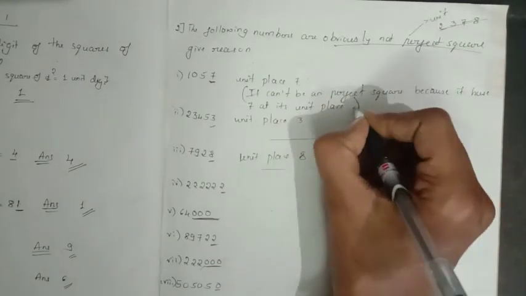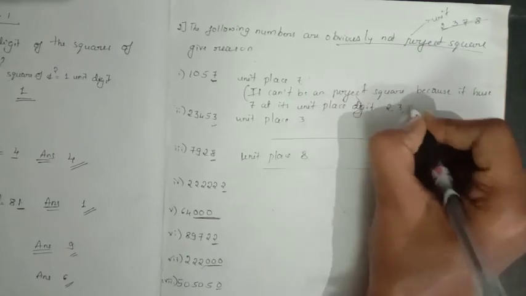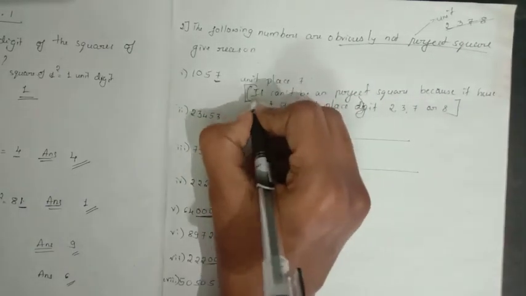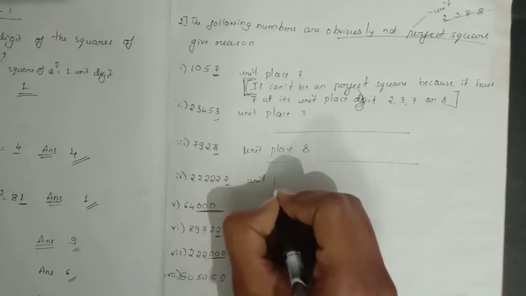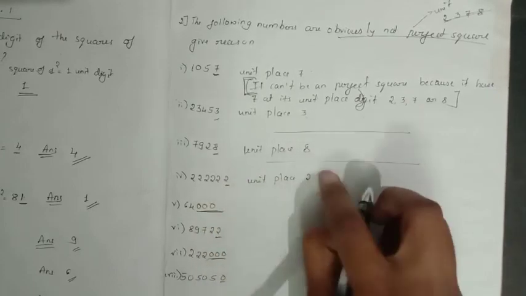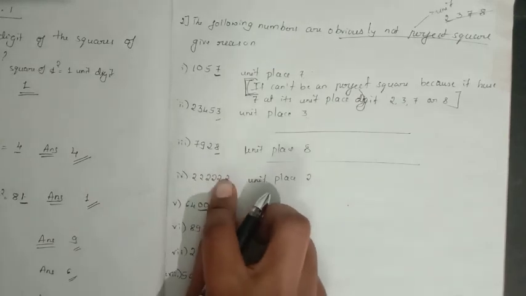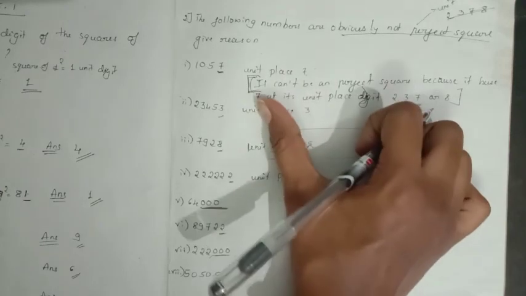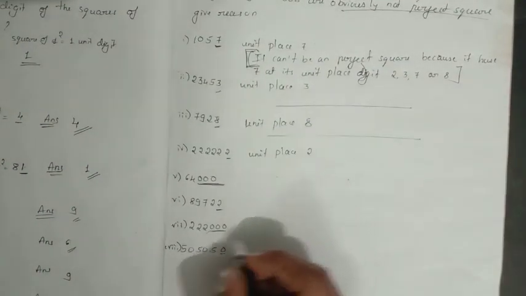So for the unit place digit, what digits will we write? 2, 3, 7 or 8. So this you have to write. Then here also the unit place is 2, so it is not a perfect square because it has 2 in the unit place, which is from this table.